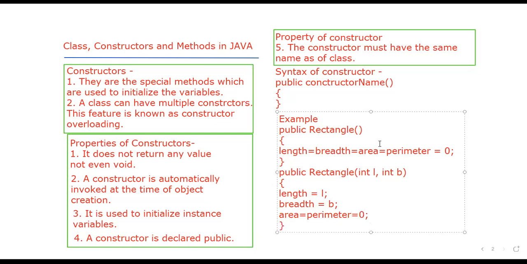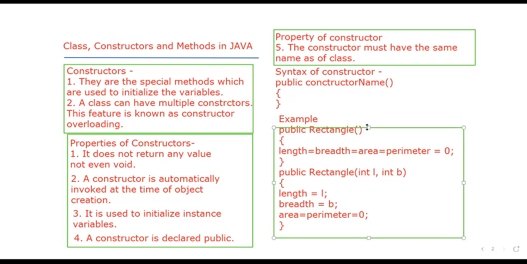Okay, so how many constructors I have defined in this example? You see this sentence and the example very properly. You see how many constructors you find? Rectangle, this is 1 and this is another. Oh, this is 2. How many constructors I have used here? 2 constructors.